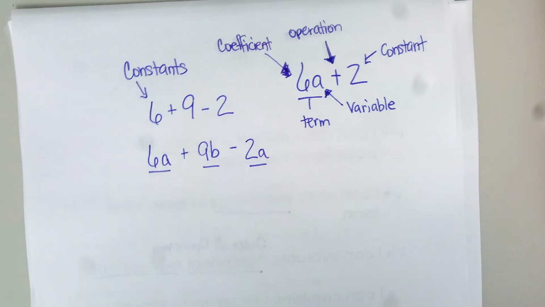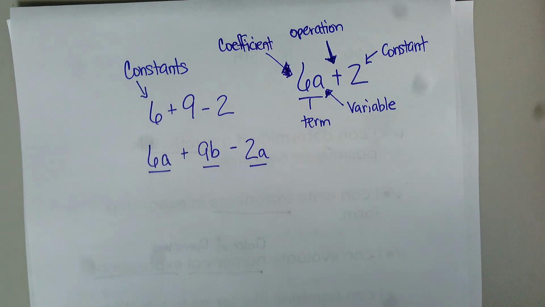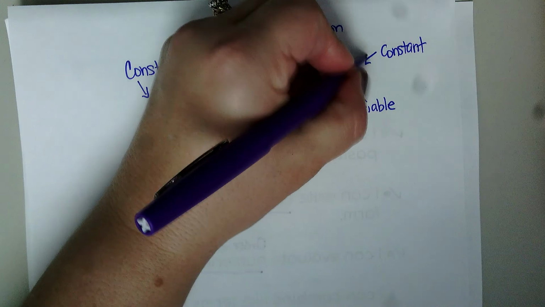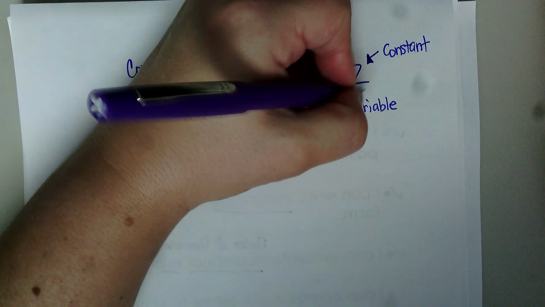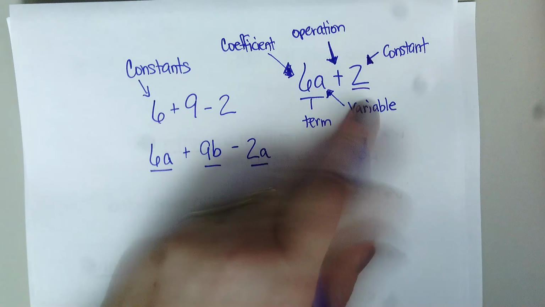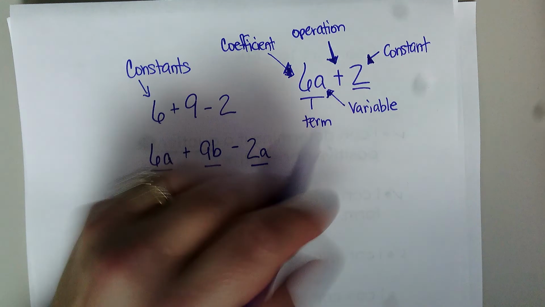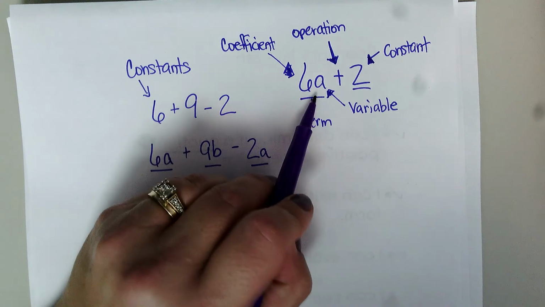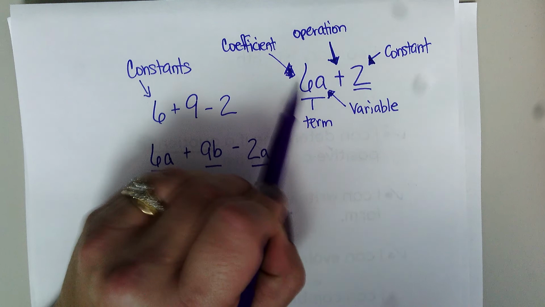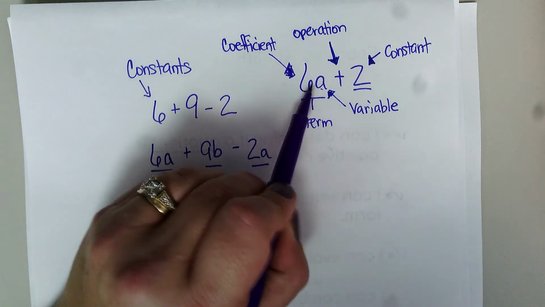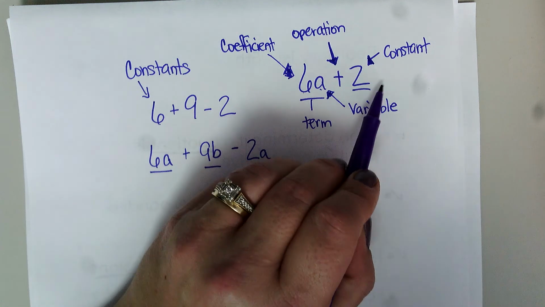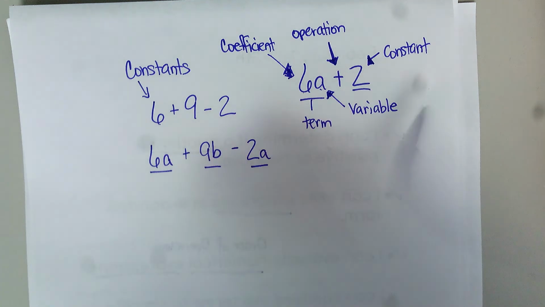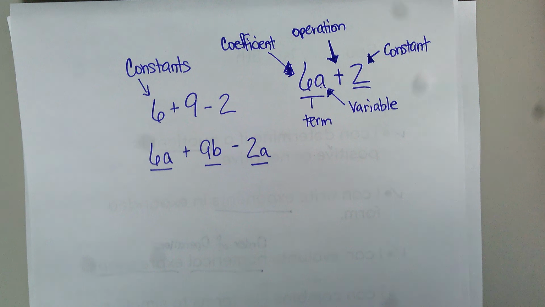Okay? These are all of the things that you need to understand when you're talking about algebraic expressions. Both of these are considered terms, but this is an algebraic term that has a coefficient and a variable together. You multiply them together. And this is just a constant because it doesn't have anything that you multiply with it or divide with it.